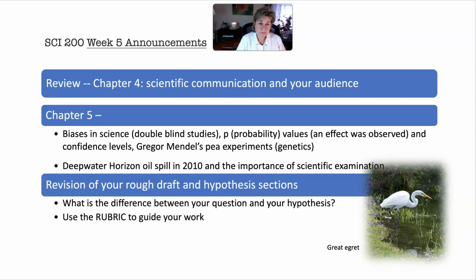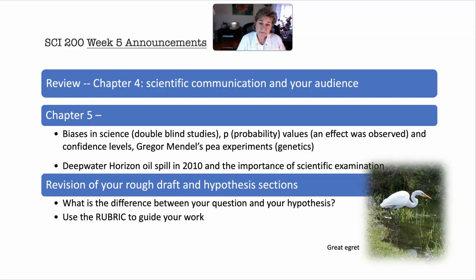And right off the top of my head, I can't think of one right now, but you could choose oyster beds, and you could bring oysters into the lab, and you could grow them at different pHs, and you could see what happens to them, what happens to their growth, what happens to their reproduction. There's all kinds of ways that you could look at that, right, if you're interested in ocean acidification.